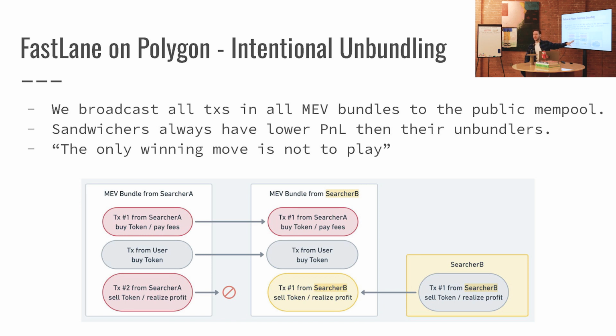And the fascinating thing about this design is that searcher B will always have a more profitable bundle than searcher A. And the reason why is because searcher A is paying swap fees here. Searcher A is also the one paying swap fees here. And so because of this, from searcher B's standpoint, they're not even trying to sandwich a sandwicher. They're just backrunning two separate buys.